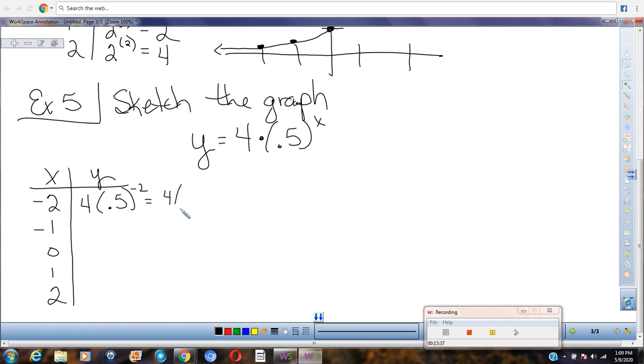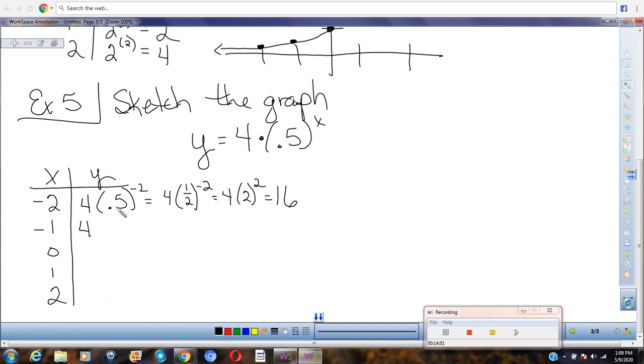I'm going to write it in that form so we can talk about it a little bit. A negative exponent on a fraction, if you recall in our last lesson, just flips this fraction over. So this is 4 times 2 to the second power. And 2 times 2 is 4, times 4 is 16.